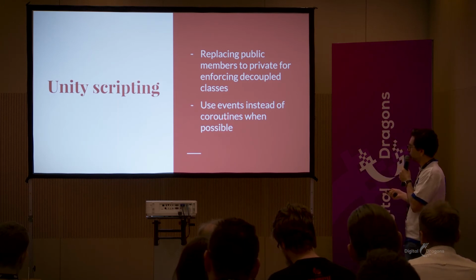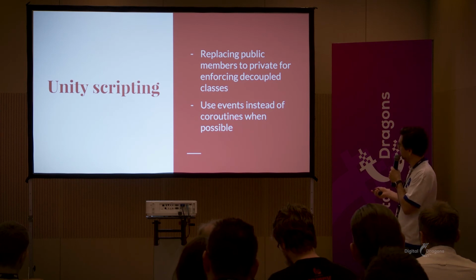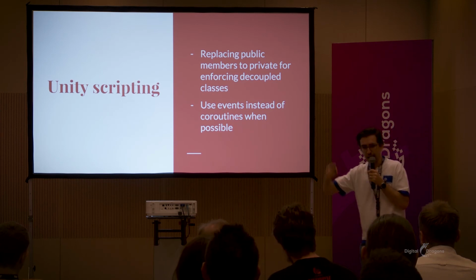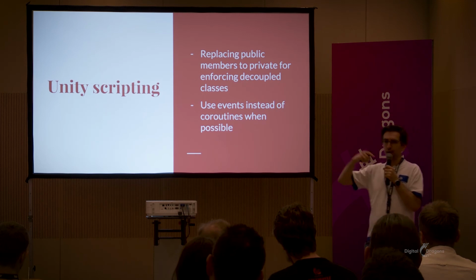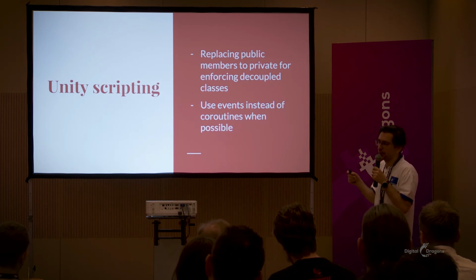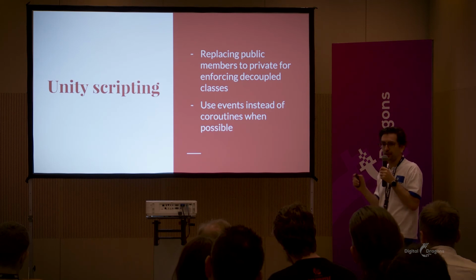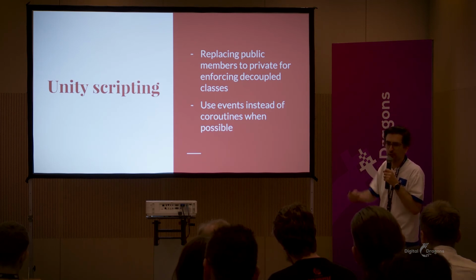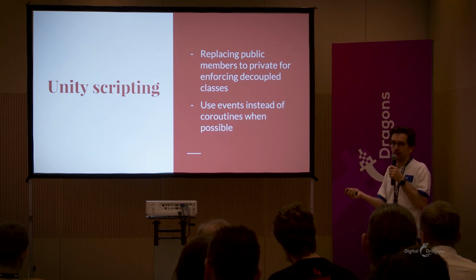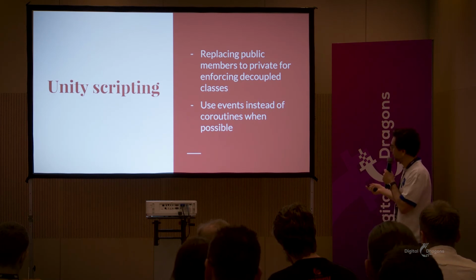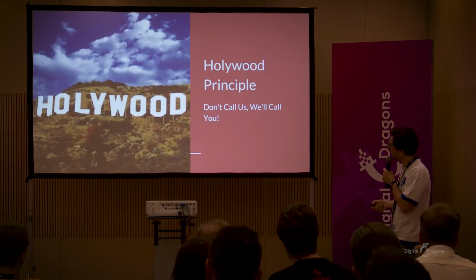It's good to use events instead of coroutines, because coroutines are loops that are running all the time, while with events the classes are not doing anything, they are just waiting, and if something happens, they will be notified, so it wastes fewer resources.